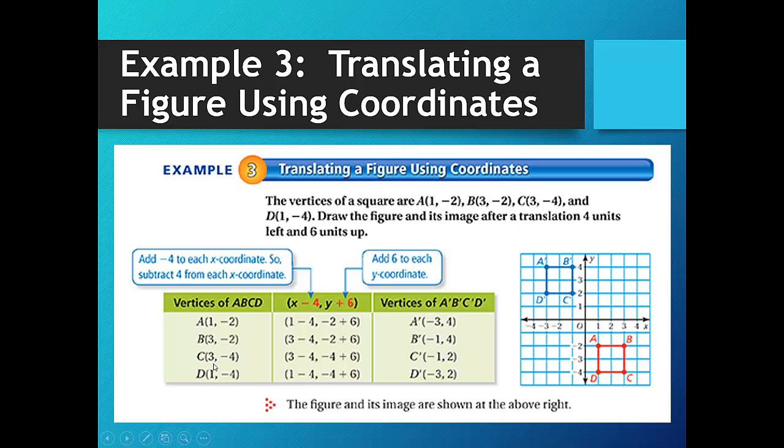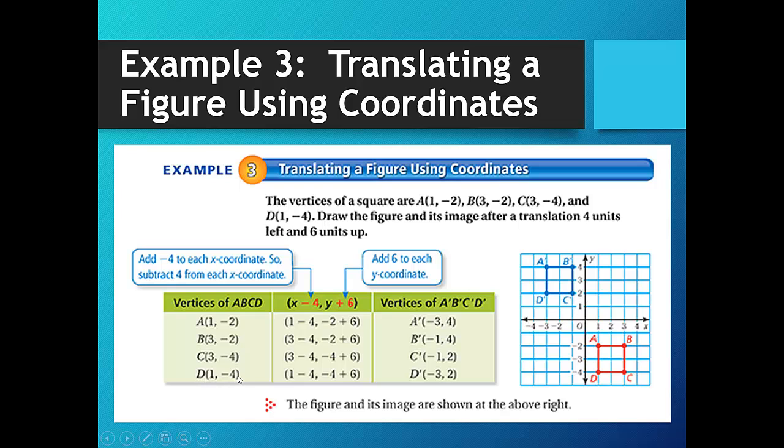Now for C, we're starting out with (3, -4). So for x, we're going to have 3 minus 4, which is negative 1. And for y, we have negative 4 plus 6, which is positive 2. So C prime is located at (-1, 2). And now we're going to look at D.